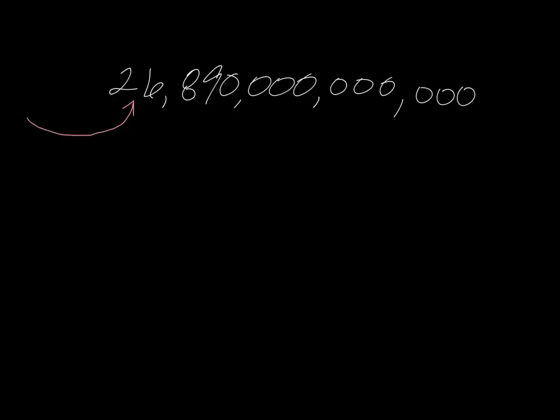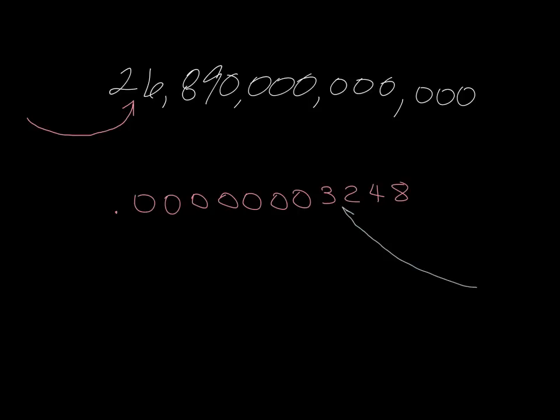Okay, so that's for a number like that. But what if I had a number like this? Again, the decimal goes after the first non-zero number. So we ignore all these numbers here as far as putting the decimal.